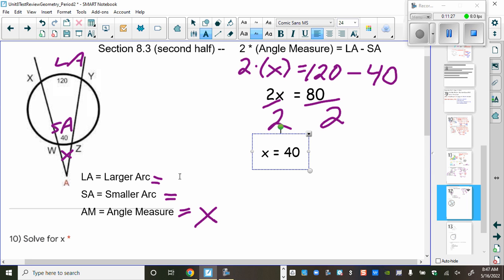There you go. So larger arc was 120. Smaller arc, 40. And it turned out the angle measure also was 40. So rarely that happens, but in this case it did.